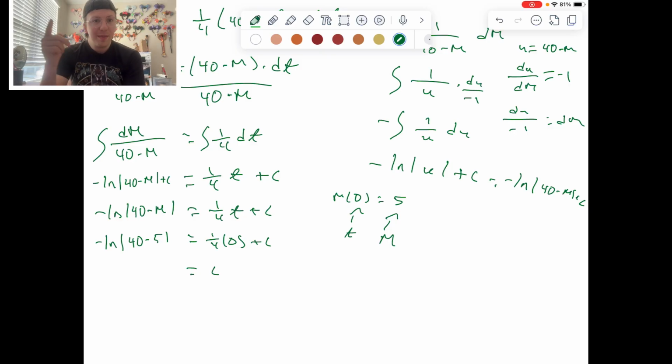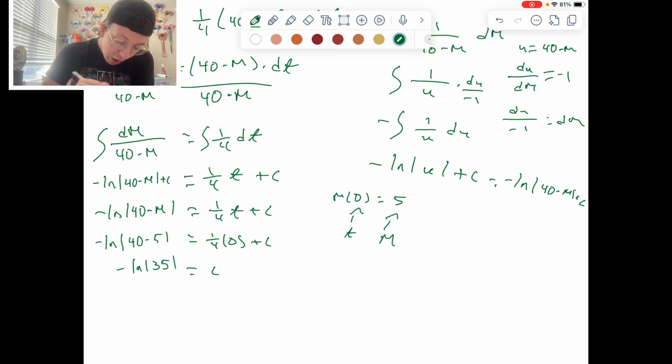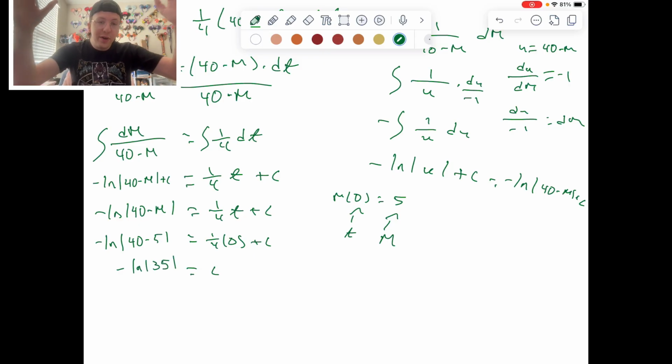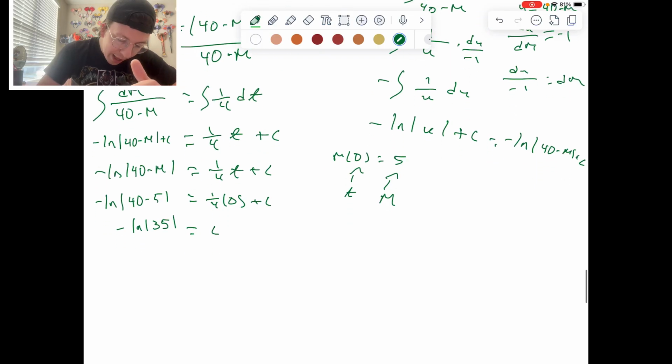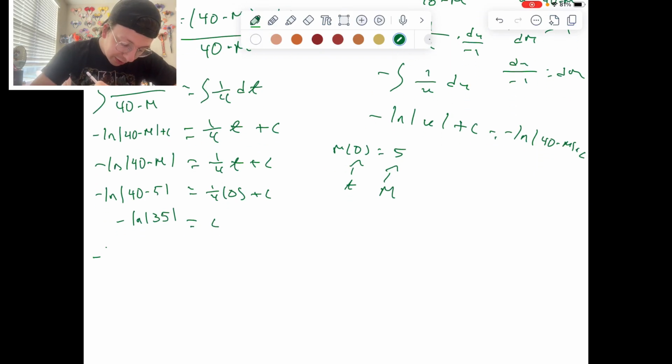Negative natural log of 40 minus 5 is just negative natural log of 35. We found our c value. Let's plug it back in now. So we have negative natural log of 40 minus m is equal to 1/4 t minus natural log of 35.